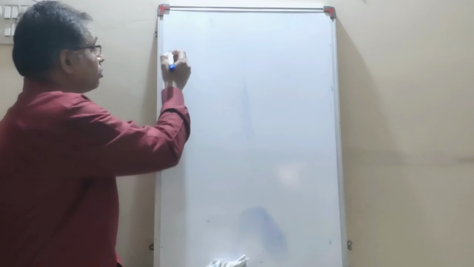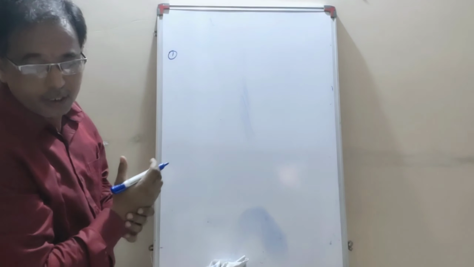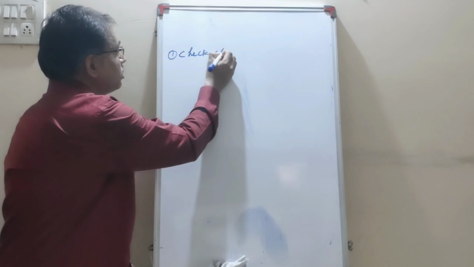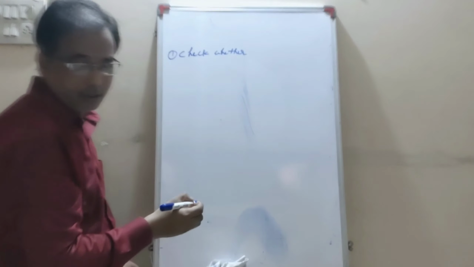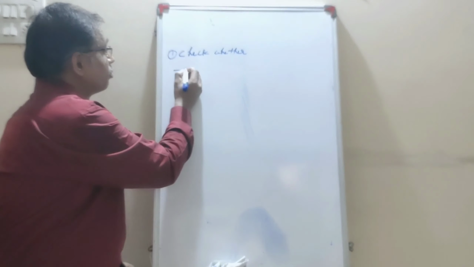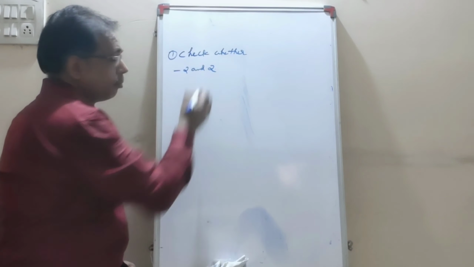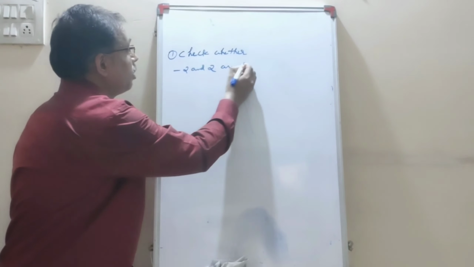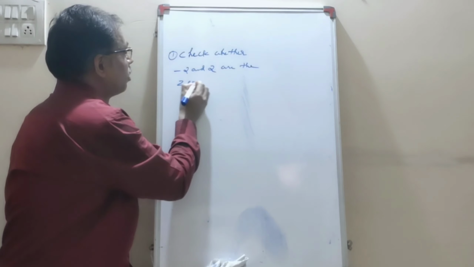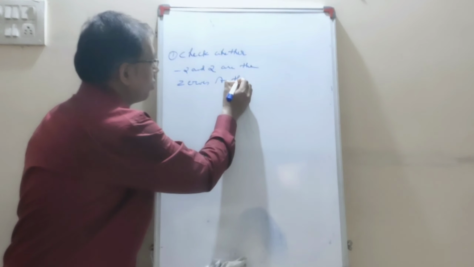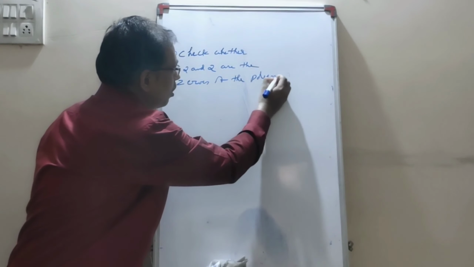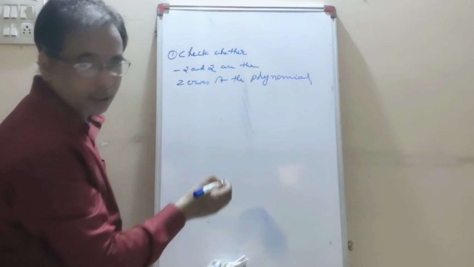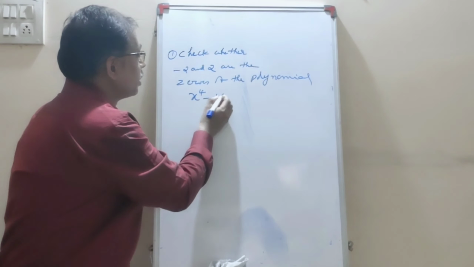The first question, for 2 marks or 1 mark, they will ask like this: check whether minus 2 and plus 2 are the zeros of the polynomial x power 4 minus 16.